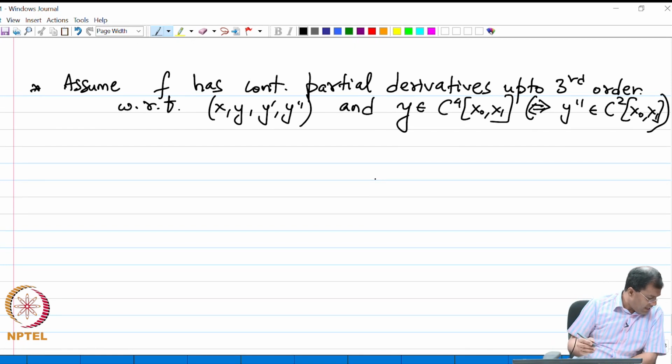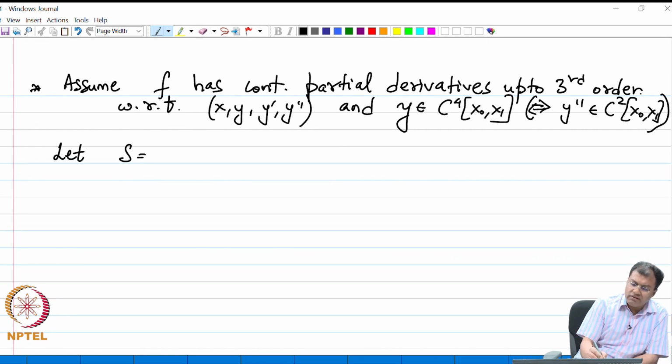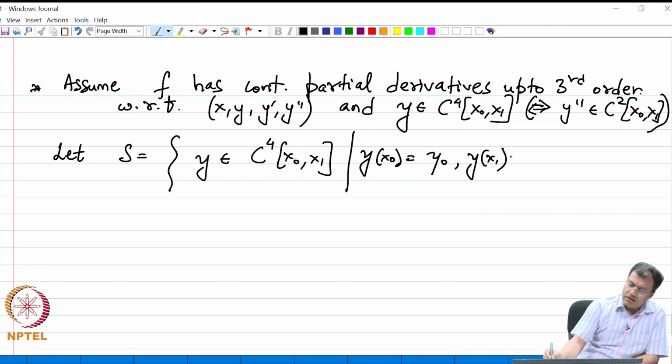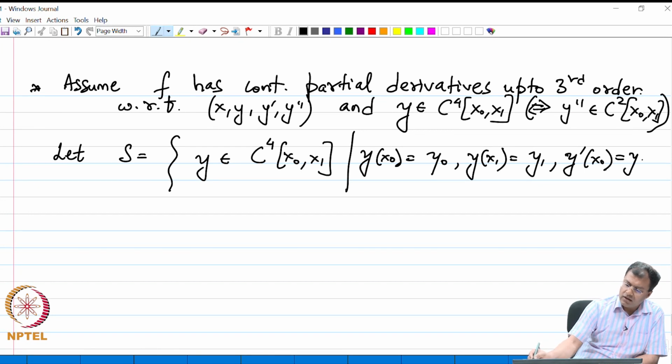Okay. So, then we have to rewrite our function space. Now my S becomes the following set of functions. It contains all y in C4 of x naught x 1 such that y of x naught is y naught, y of x 1 is y 1, y prime of x naught is y prime naught, y prime of x 1 is y prime 1.